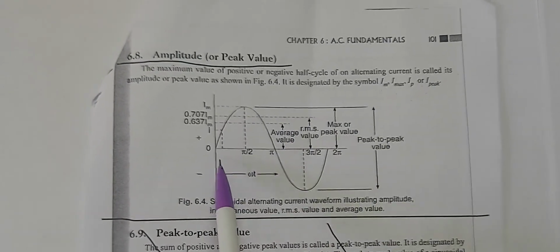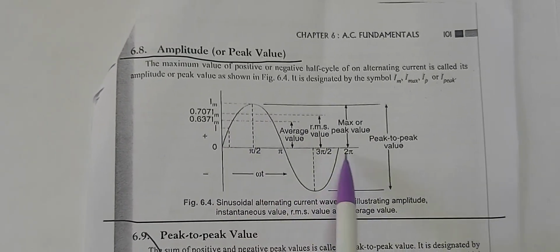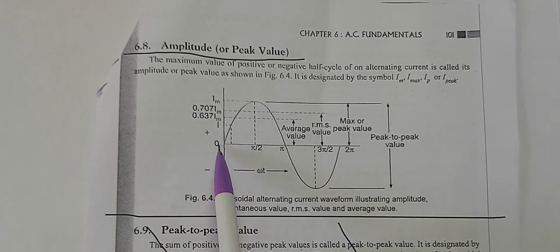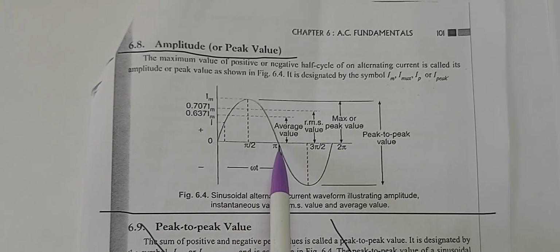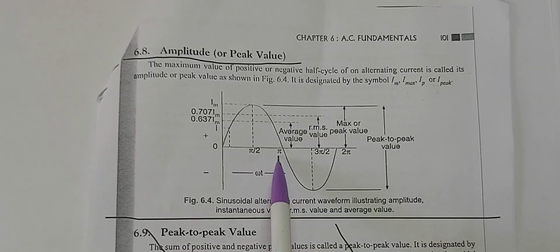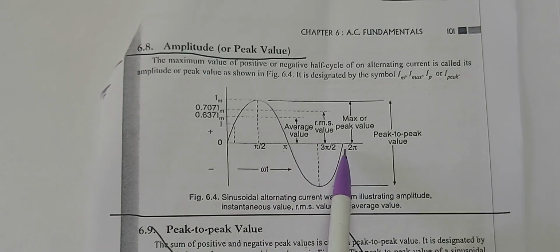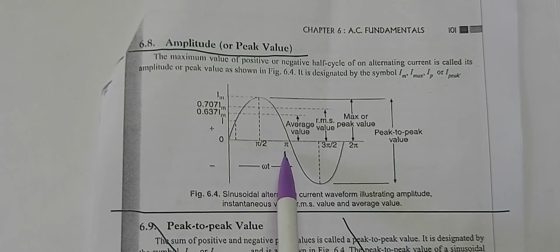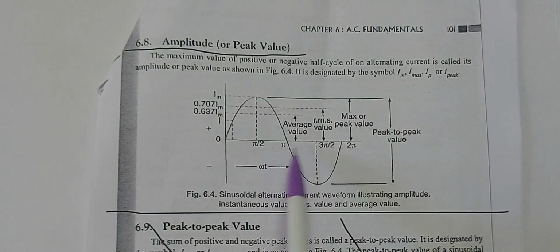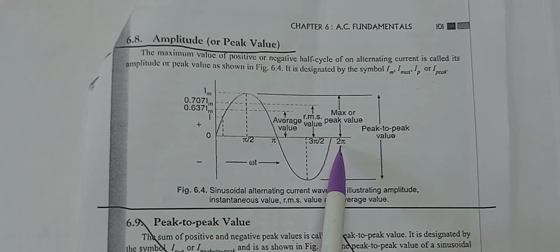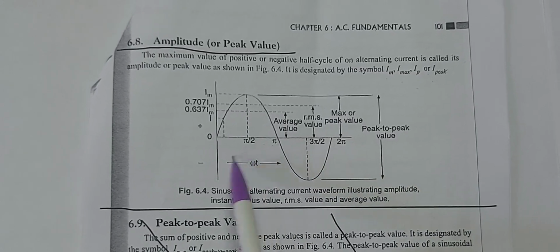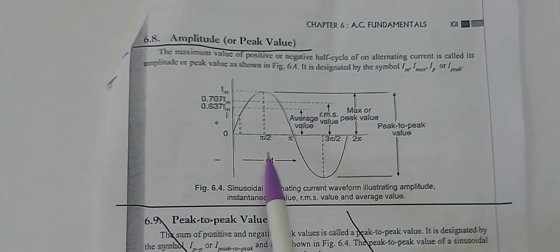For example, this is a sinusoidal wave, a sine wave. Starting from 0, one half is 180 degrees, denoted by pi. The other half is 2 pi. So 2 pi means one half of 180 and another half of 180 combined together to form a circle of 360 degrees.